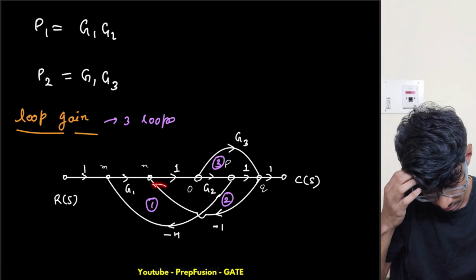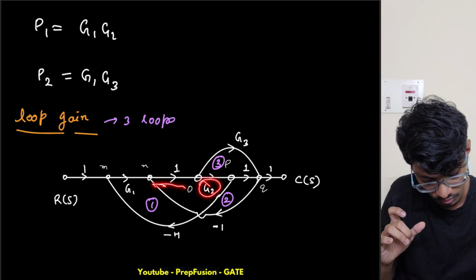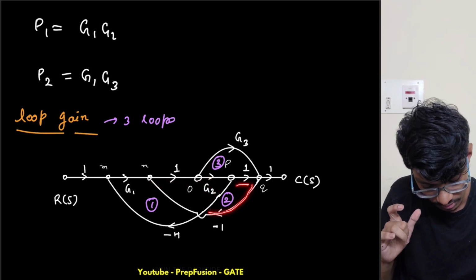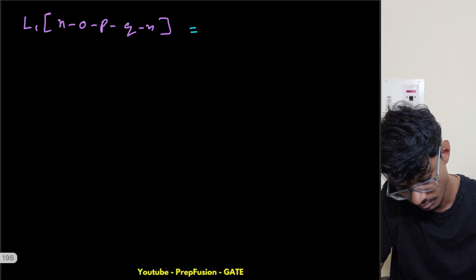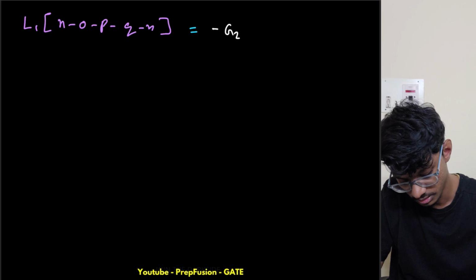So 1 times G2 times 1 times minus 1, again coming back to the same point, so it is minus G2.